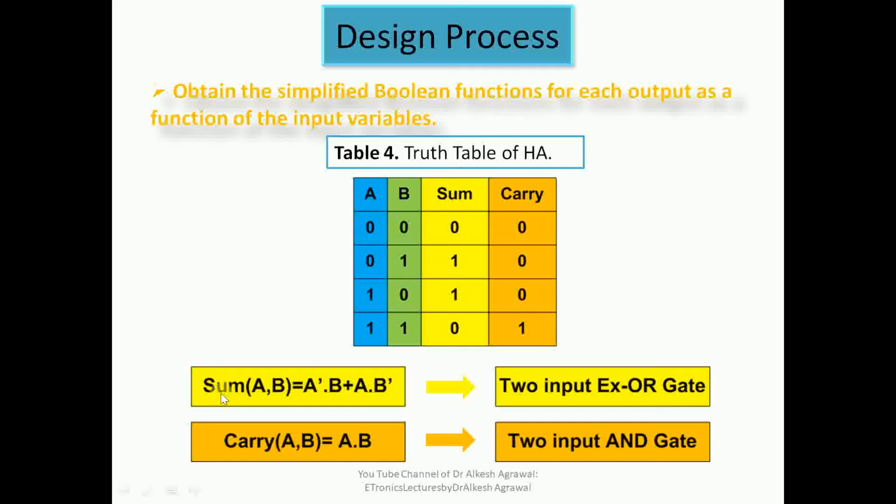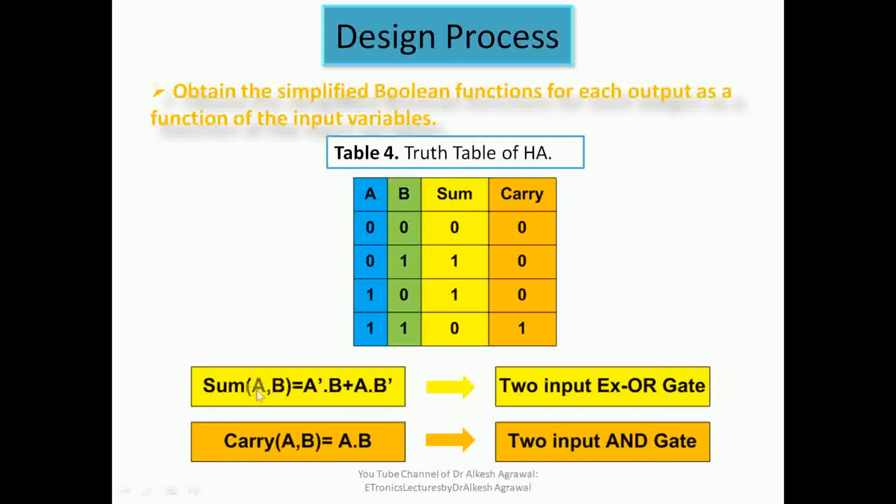So we write sum as a function of A, B as A bar B or A B bar, from this truth table. And for carry, we have only one output high, when A is 1 and B is 1. So we write carry as a function of A, B as A and B.